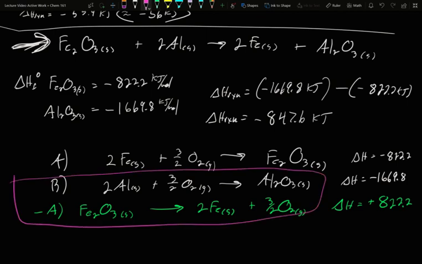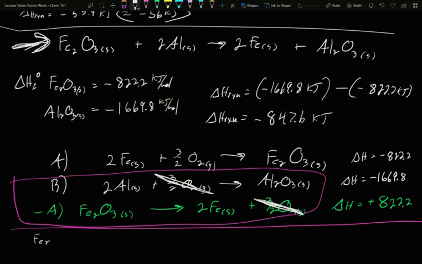Well, my Al2O3 is already on the correct side and the correct amount. I just need to sum our modified A and B. What will happen is the O2 will cancel. I will get Fe2O3 solid plus 2Al solid goes to 2Fe solid and Al2O3 solid.